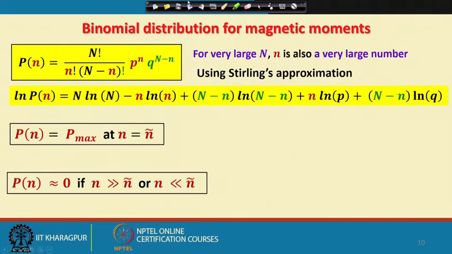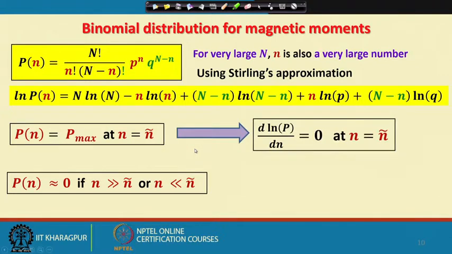Now, let us see what is the consequence of this observation. First of all, if I have P(n) equal to P max at n equal to n tilde, say, in that case I can very easily say that if I take a derivative of ln P with respect to n, I can put it equal to 0 at n equal to n tilde.